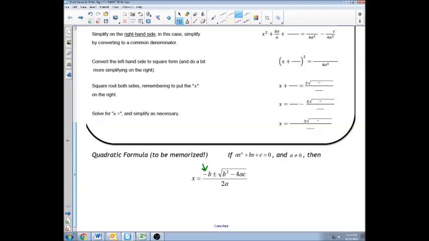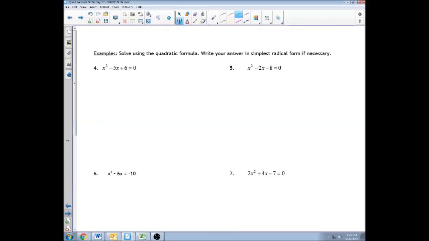All right? So that needs to be absolutely memorized. You need to find a way to memorize that. I will have a story for you tomorrow that might help, but for now, that is what needs to be memorized. So in the top, on the back, we can go ahead and rewrite our formula. It's the opposite of b plus or minus the square root of b squared minus 4ac all over 2a.